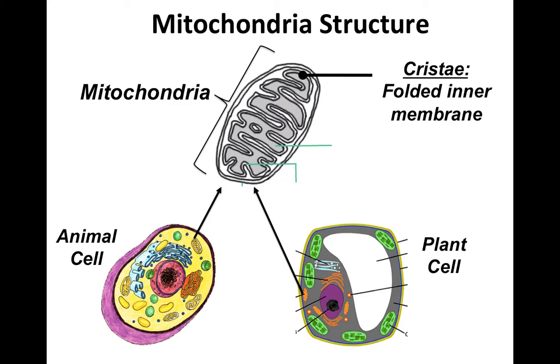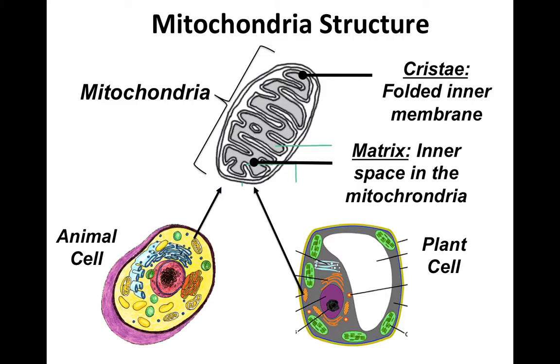But cristae is basically, do you see this little double line that I'm following here? This double line that looks like the outermost part of the worm? That is actually the cristae. It's this whole folded thing inside of there. It's the folded inner membrane. The folded inner membrane is going to be your cristae.